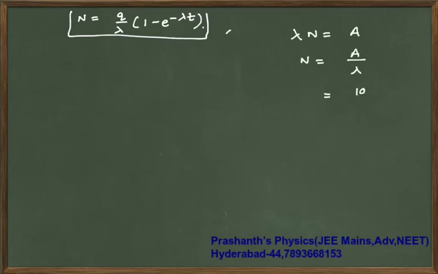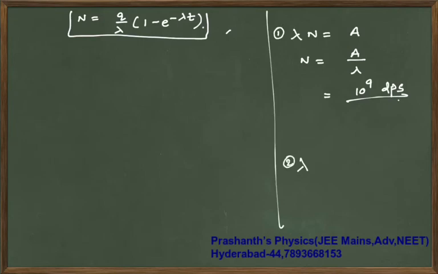The A value is 10 power 9 disintegrations per second. Second step, lambda is equal to ln 2 by T half, with 14.3 days converted as 24 hours, 60 minutes, 60 seconds.